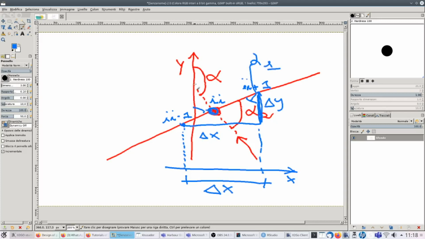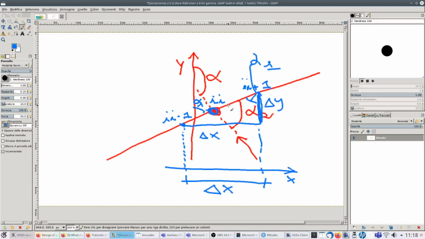And therefore, alpha minus alpha 1, which is again this one, gives me precisely alpha 2. I hope it's clear.